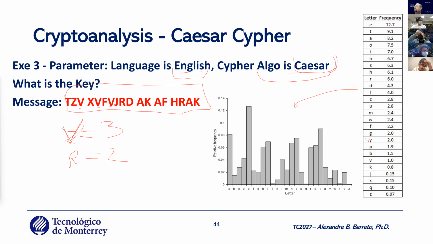D, 1. A, you have 1, 2, 3. K, you have 2. F, you have 2.